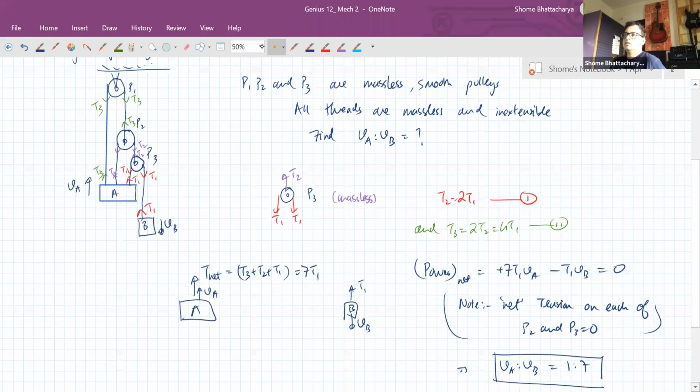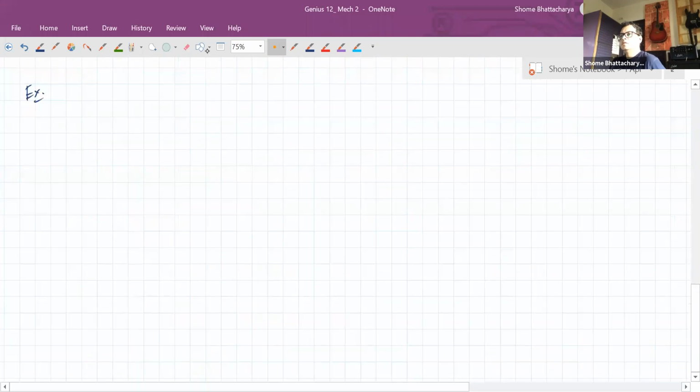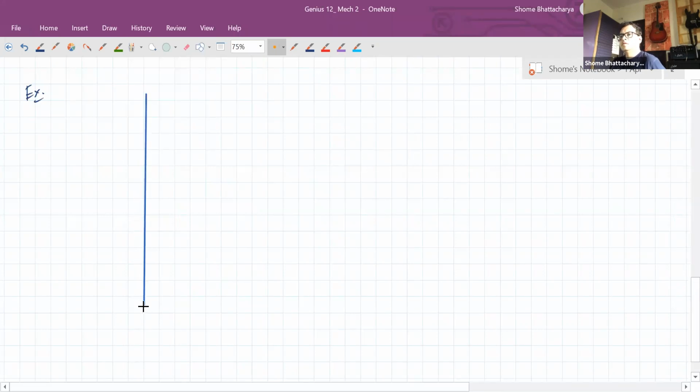Okay, now let's look at a somewhat more interesting application of the virtual power concept. So this is a fixed smooth pole. I have a ring of mass m1.